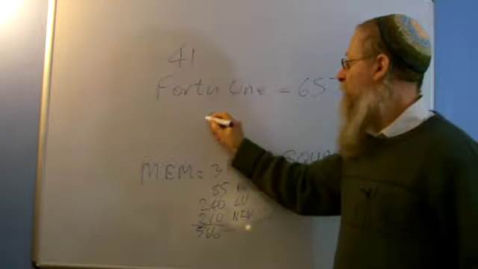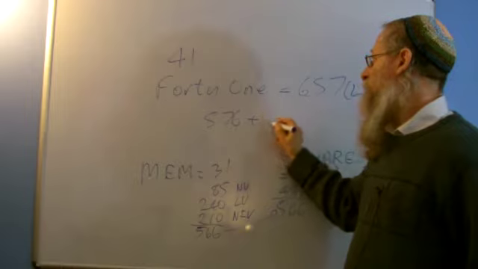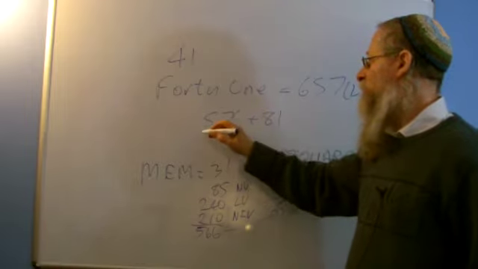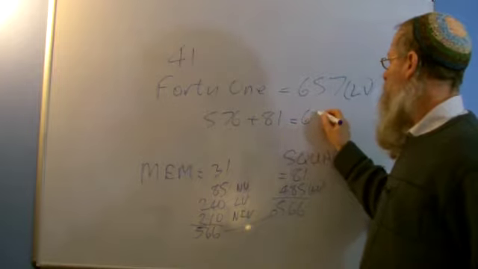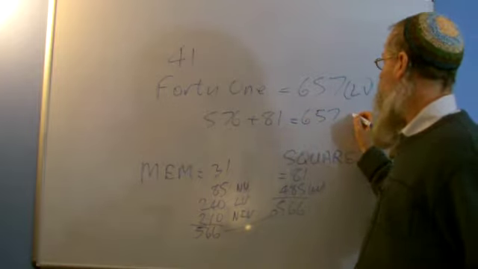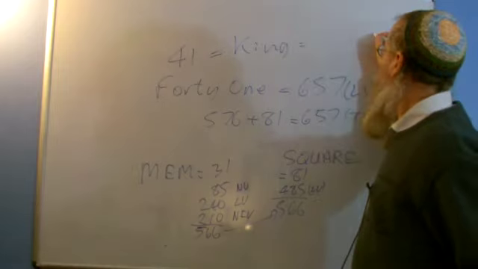Now if you take 576, which was 24 times 24, and you add 81, 9 times 9, that was square, the normal value of square and the placement value of square, I get 657, connected to, I've added together, I call that total value, connected to 41. 41 is king, 41 was Elohim.